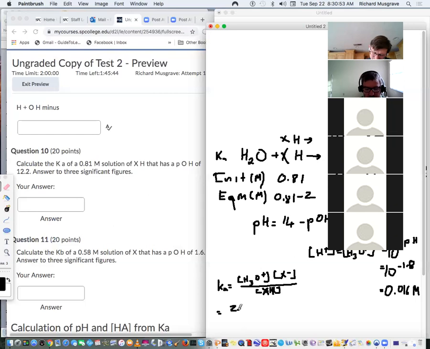So that's going to be Z squared over 0.81 minus Z. And Z squared is going to be 0.016 squared, because that is the concentration of H plus as well. So that equals Z. I'll go ahead and put that in there. And that's over 0.81 minus 0.016.